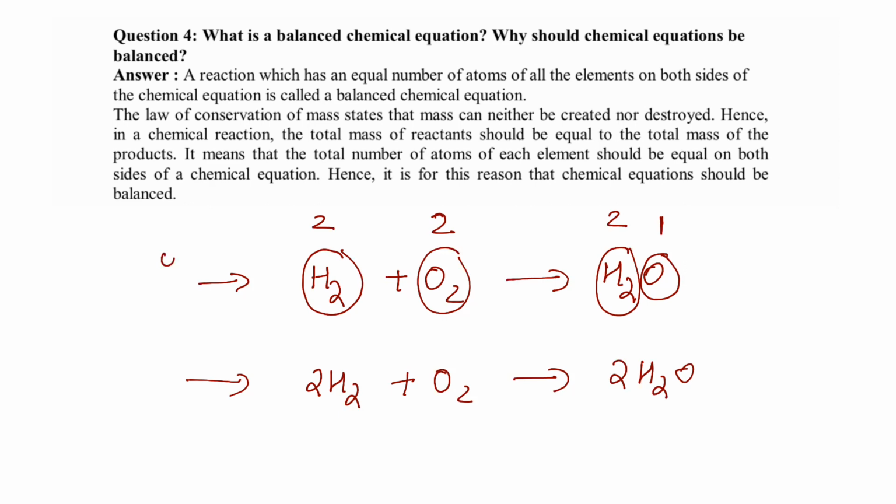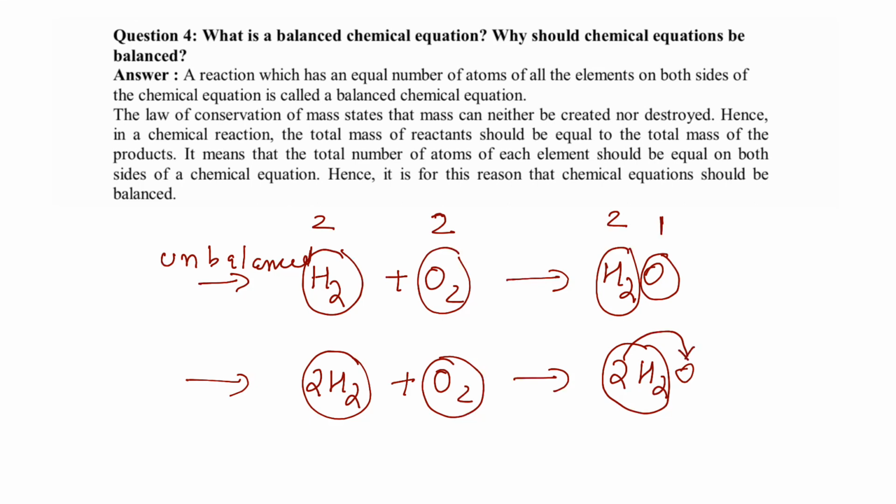Then it is an unbalanced equation. Now check the second one. Here there are 4 hydrogen atoms on the LHS and 4 on the RHS, 2 oxygen atoms on the LHS and 2 on the RHS. So this is balanced, which means if the number of atoms on both sides of the equation is the same, then such a chemical equation is known as a balanced chemical equation.